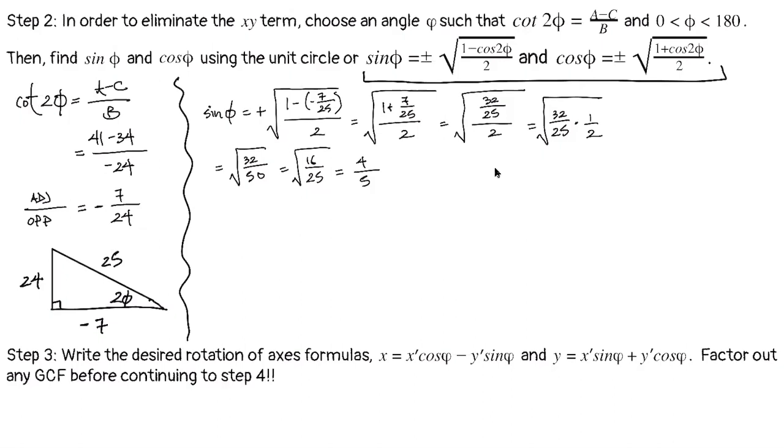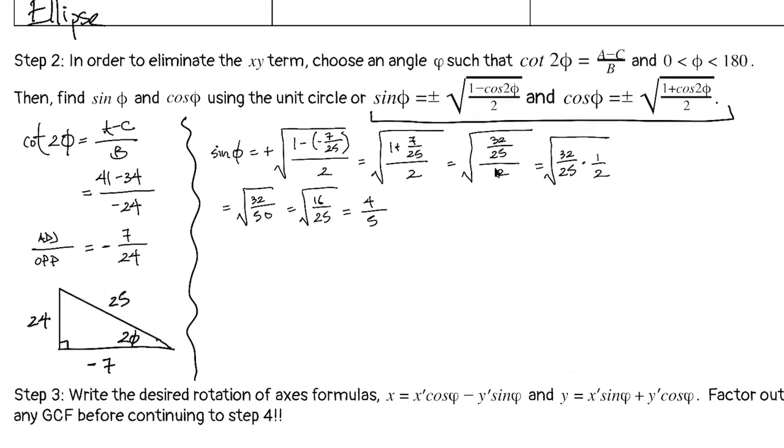Okay, so that's how we use the formula to find sine of phi. We can use the other formula to find cosine of phi. So cosine of phi equals the square root of 1 plus my negative 7 over 25, divided by 2. A lot of my calculations are going to be the same.